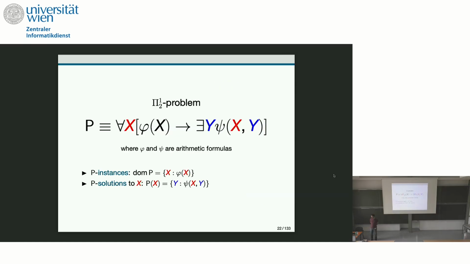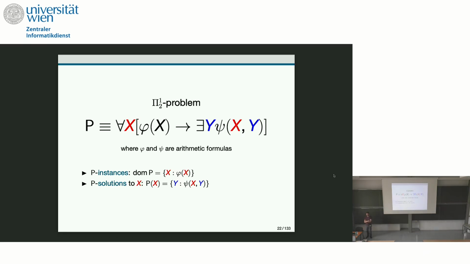And furthermore, the problems that we consider are expressible in second-order arithmetic as Π^1_2 formulas. So these problems are of the form: for every X, if it is an instance, then there exists a Y which is a solution to X, where φ and ψ are arithmetic formulas.